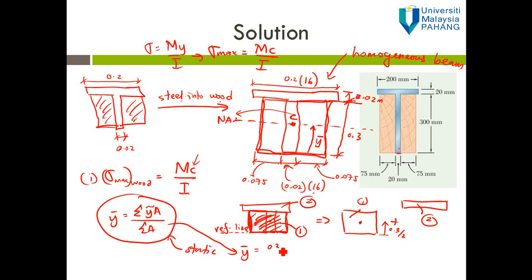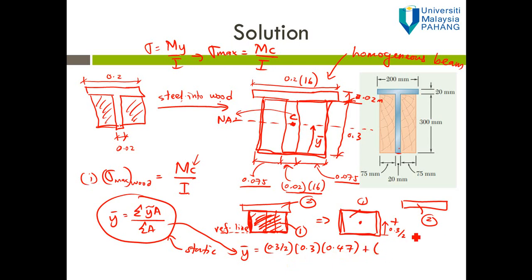Times area, the area for shape 1: 0.3 times 0.47. What is 0.47? It is 0.075 plus 0.02 times 16 plus 0.075, so you get 0.47.